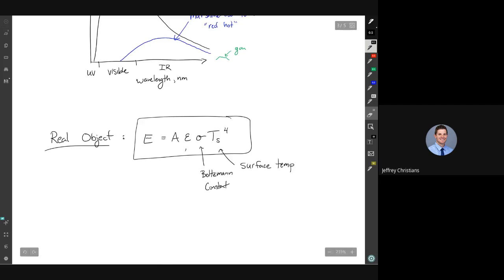And then this little epsilon is the emissivity.